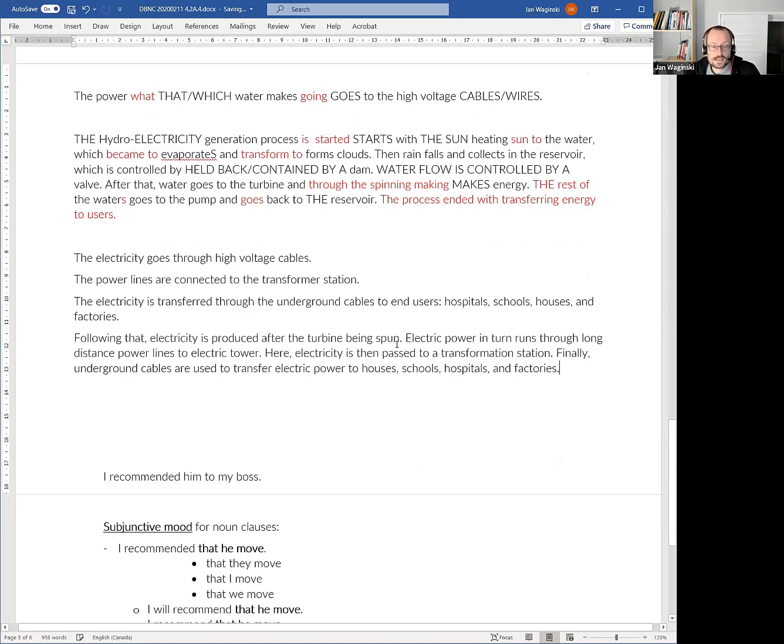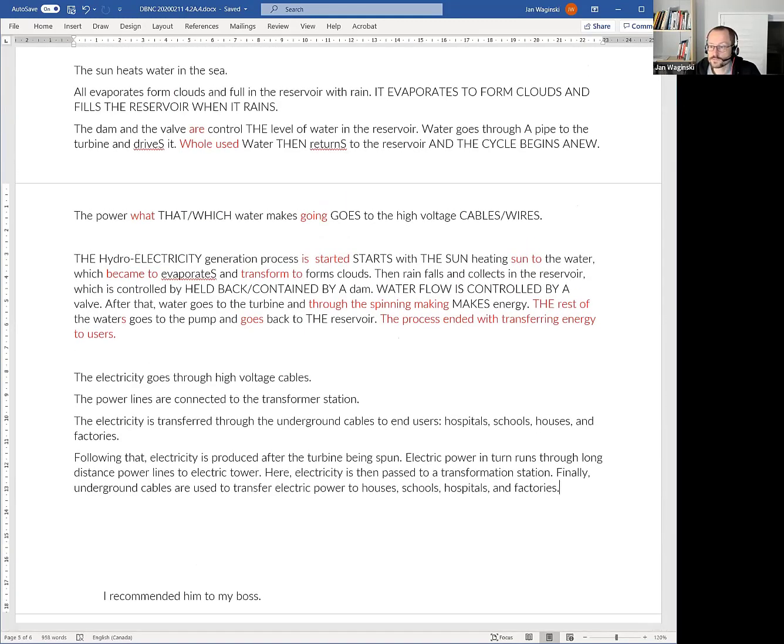Following that, I don't think following that is the best transition. Because it's following what? If this comes after your previous paragraph ends with, it's pushed back to the reservoir and here the cycle begins anew.